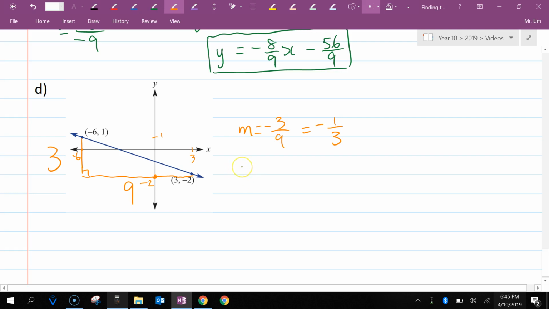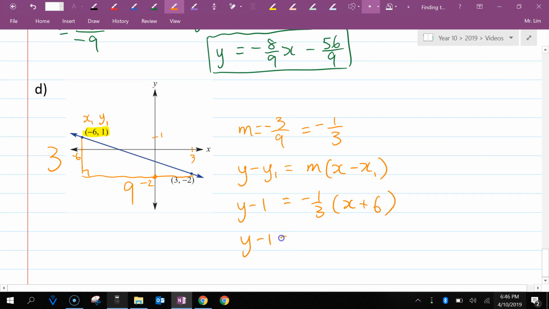Now we can use any one of these 2 points. I'll just use this one, and we can work out what the equation of the line is. Y minus y1 is equal to m bracket x minus x1. So we've got y minus 1, because remember this is x and this is y, is equal to m, minus 1/3, bracket x minus x1. Minus minus 6 becomes plus 6.